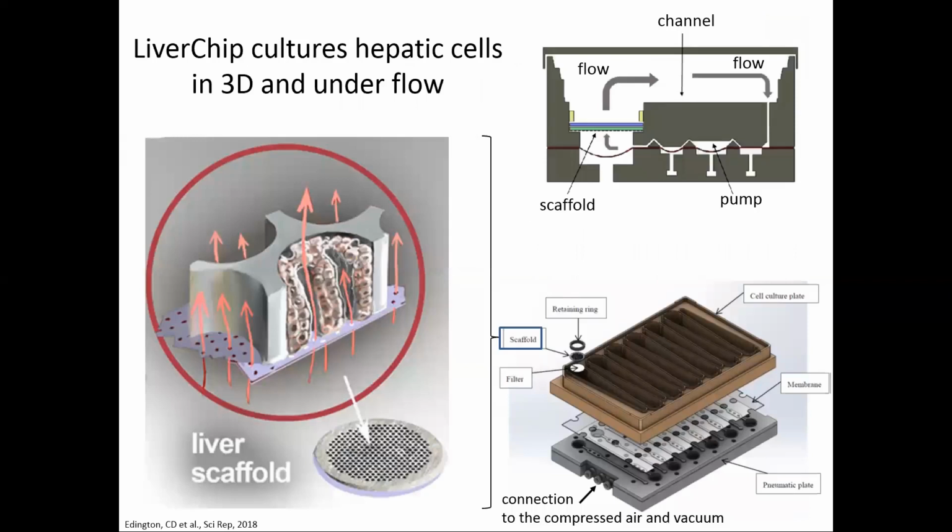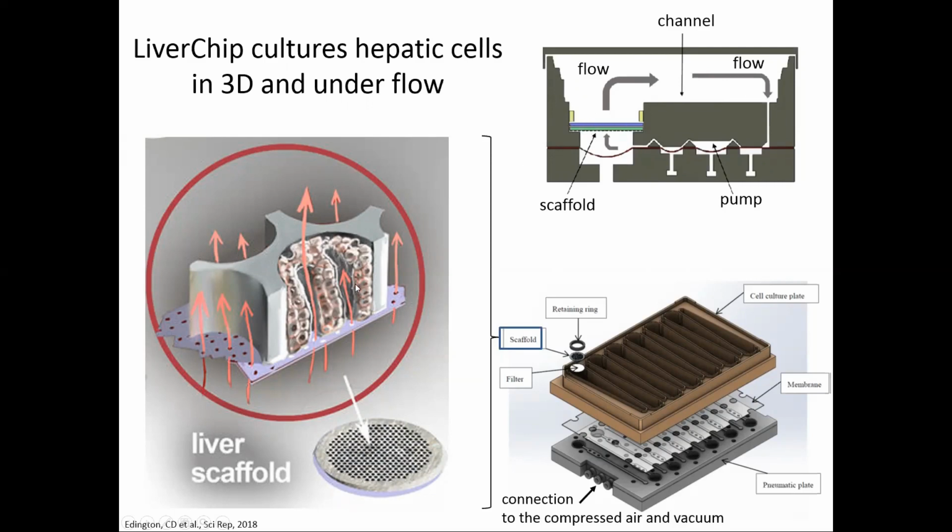So this is how it works. Basically, in the right lower corner, we can see the system is of the size of a 6-well plate or 12-well plate. It has 12 wells, and each well has basically a microfluidic chip. And this microfluidic chip enables the media to flow through this scaffold.